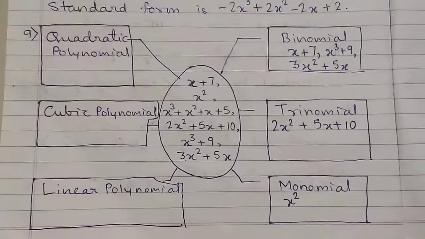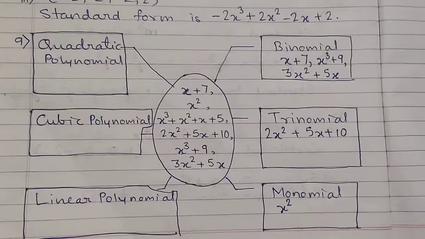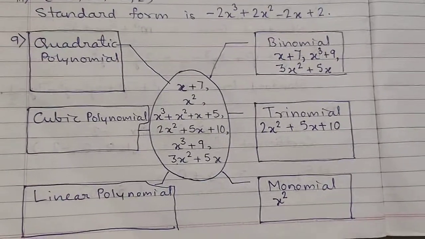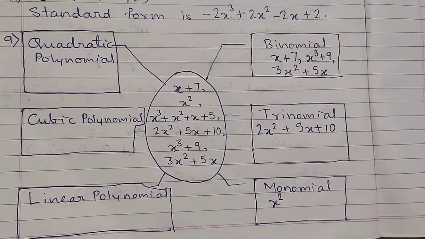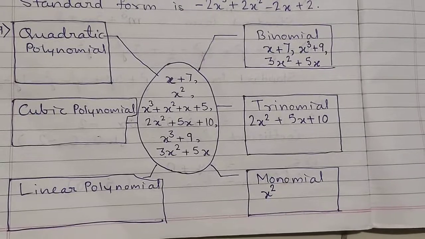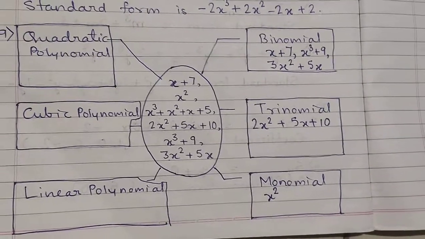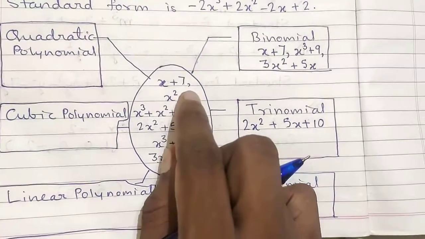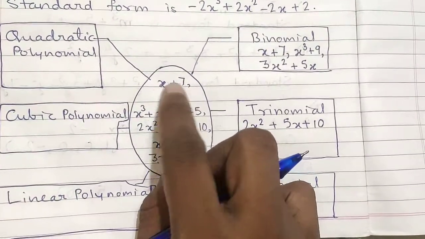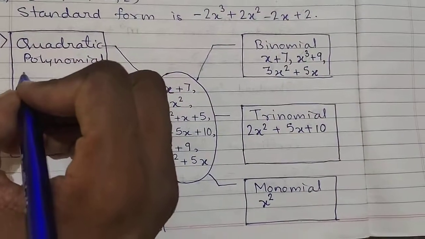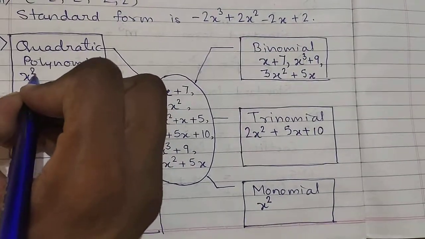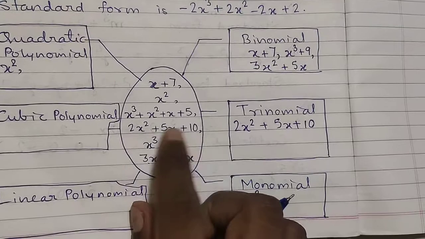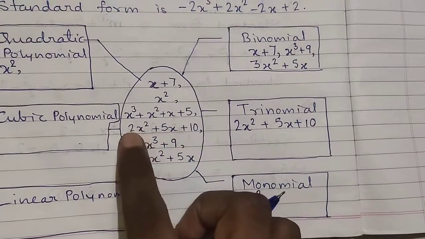Now coming to left side, what is written here? Quadratic, cubic and linear. You know quadratic means what? Degree 2. Cubic means degree 3 and linear means degree 1. So let us see how many quadratic are there. This is quadratic first, x square. So let us write this in quadratic column. Then this is also quadratic because max power is 2 here.